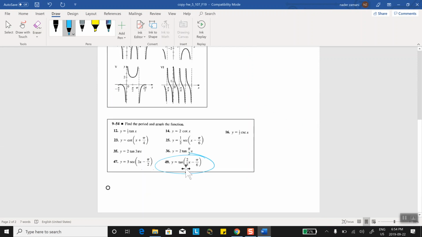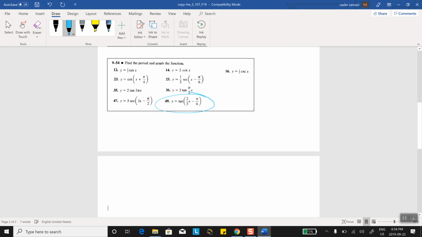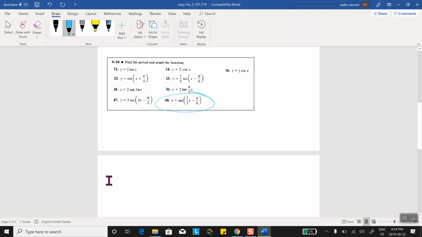Okay, so let's see now. 2/3 of x minus pi over 6. So let me write it here. Y equal to tangent of 2/3 of x minus pi over 6.